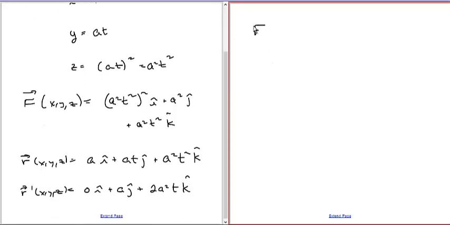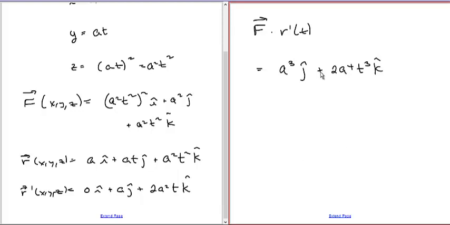So when you take the dot product, what do you get? Well, you have 0 i here, so there's no i. You have a times a squared, so that's going to be a cubed j. And then you multiply here 2a squared t by a squared t squared. So that's going to be plus 2a to the 4th t cubed k.